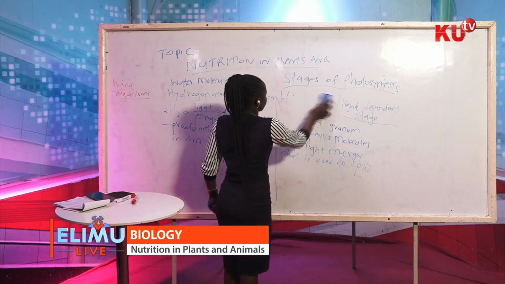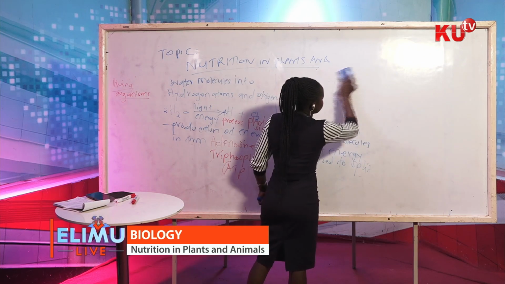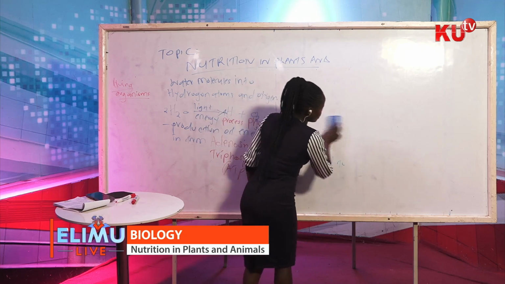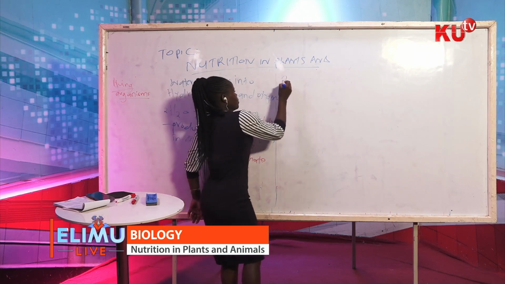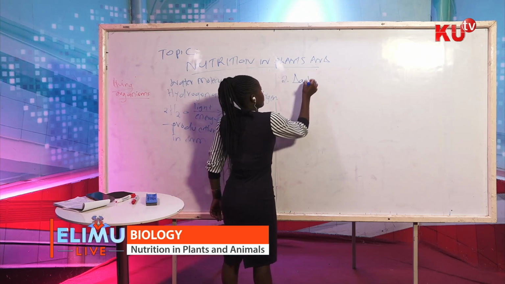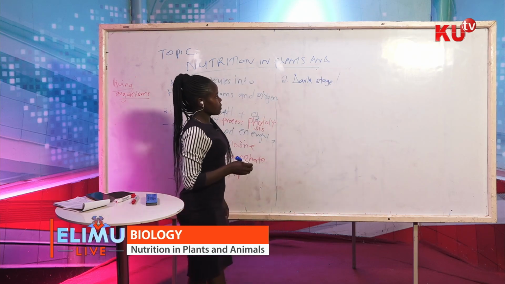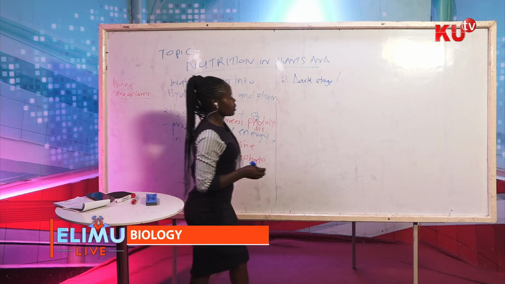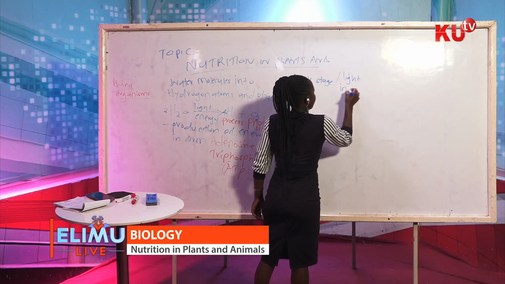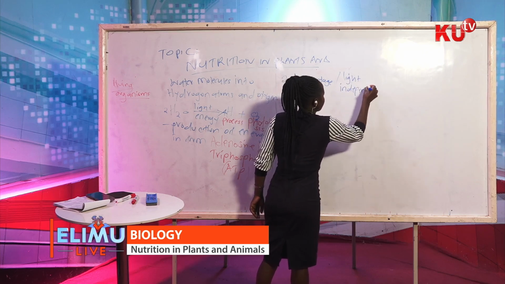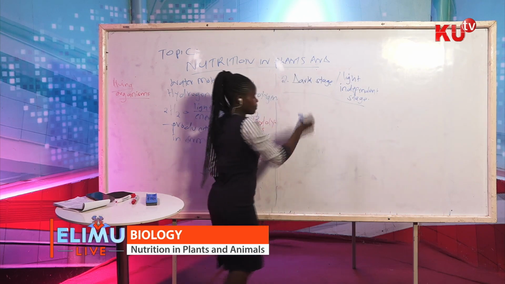Let's go to the second stage of photosynthesis. The second stage of photosynthesis is called the dark stage. Another name for this second stage is the light independent stage.